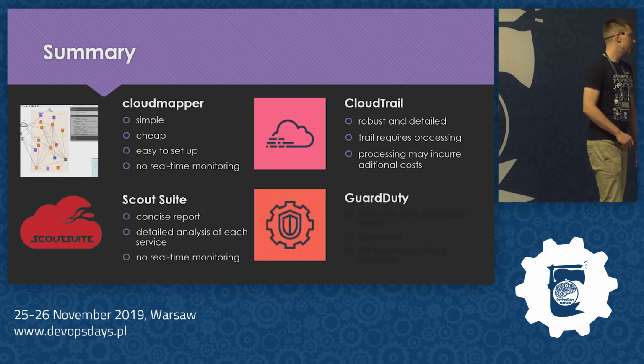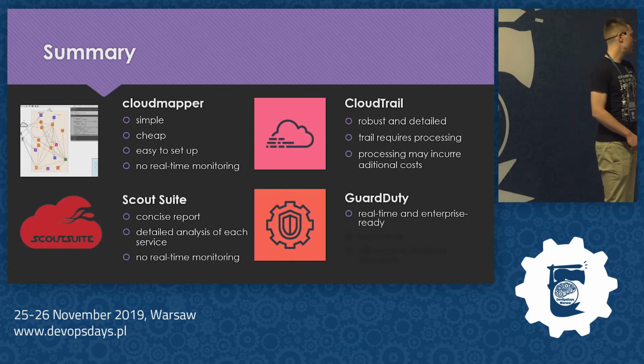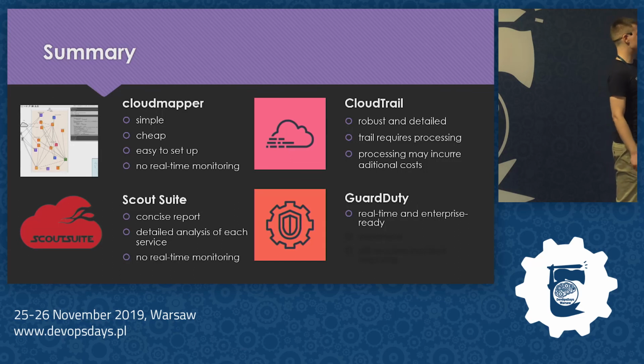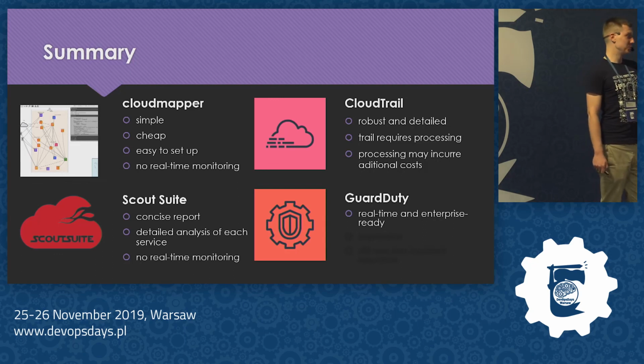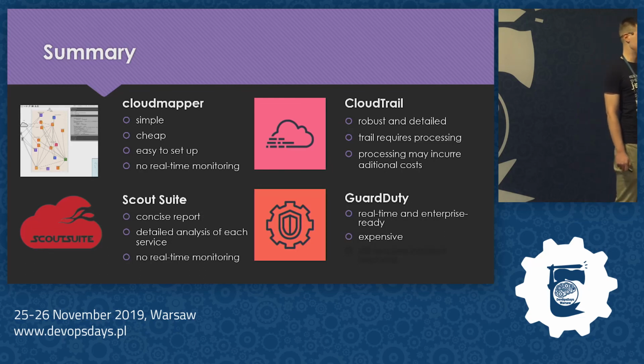And GuardDuty, this is the most robust service, enterprise ready, and so on. You can think of all these different buzzwords: artificial intelligence, machine learning, all of the goodies. And I'm sure that they will introduce some more new stuff at re:Invent. And thanks to that, it's expensive. Obviously, still worth running it if you have large infrastructure. And they give you 30 days of free trial.